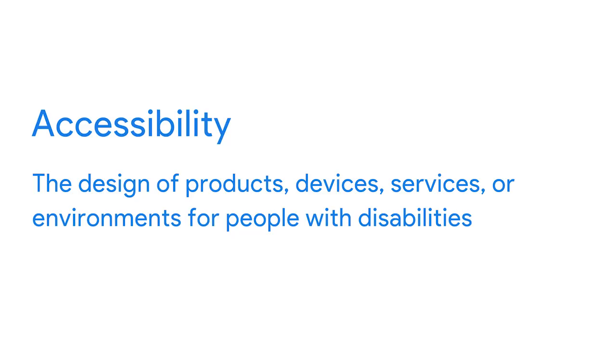Then, as we build more versions of a product, we design for additional excluded groups, like those with physical or cognitive disabilities. Designing products, devices, services, or environments for people with disabilities is called accessibility. Accessibility is just one aspect of inclusive design, and we'll explore accessibility in more detail later.